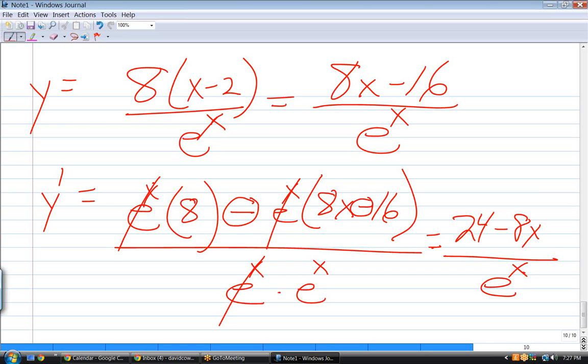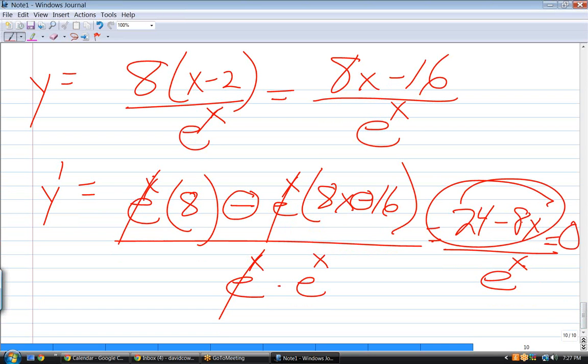And they want to know where that thing is equal to 0. Well, whenever you have a fraction, it's only equal to 0 when the numerator is equal to 0. So I can immediately set this up. In other words, I'm trying to solve this problem. You can do it algebraically. Multiply both sides by e to the x.